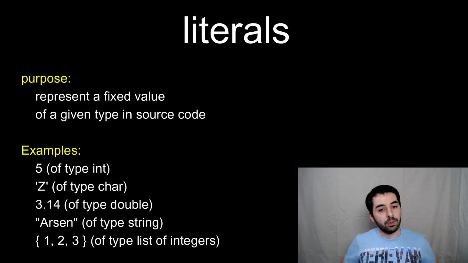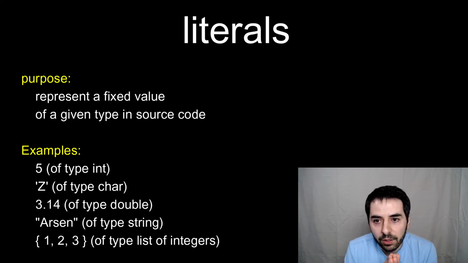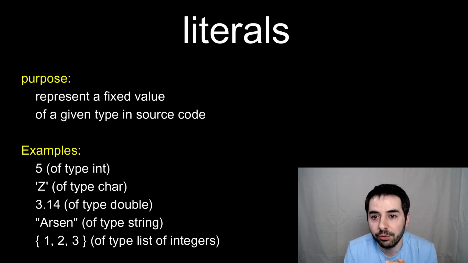Okay, so the next thing, the literals. I missed the literals. A literal is when we want to declare a variable and assign a value. The value we write in the source code is a literal. So we say a equals 5. 5 is a literal of integer type. Or if we say string name equals "Arsen", "Arsen" in double quotation marks is a literal of type string.